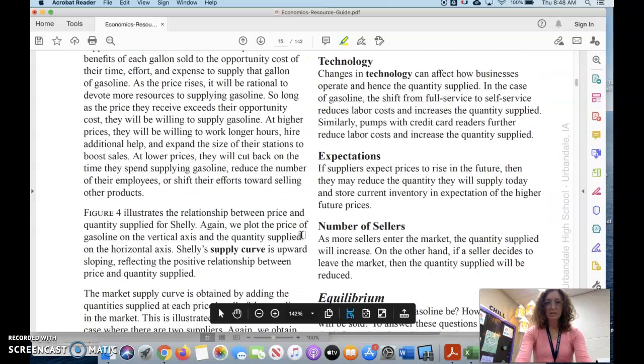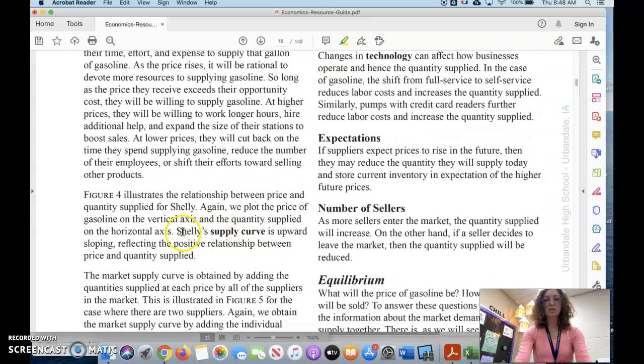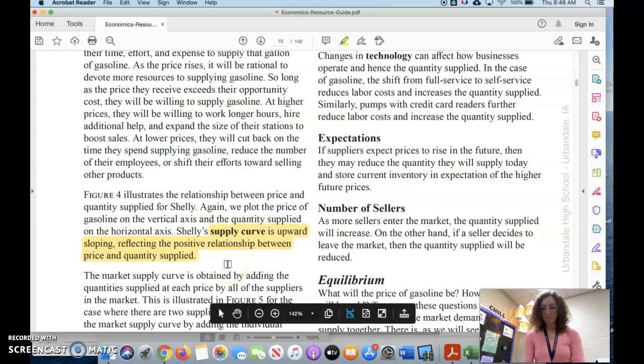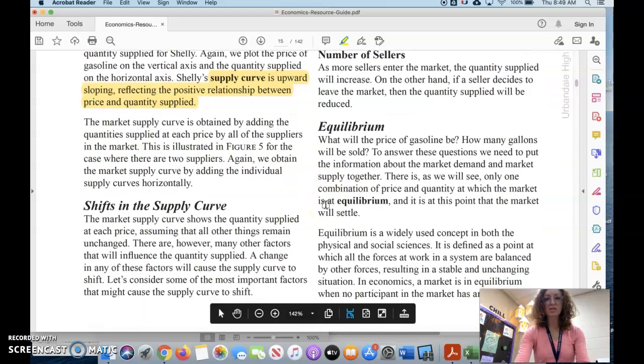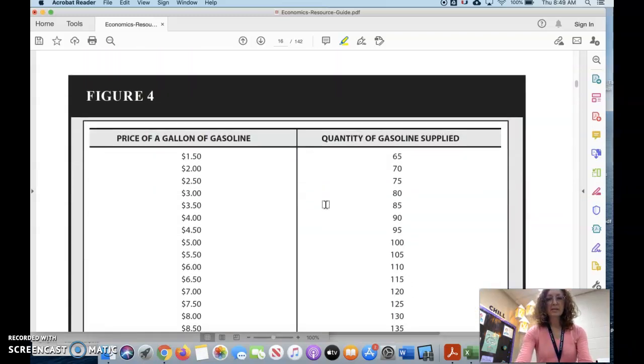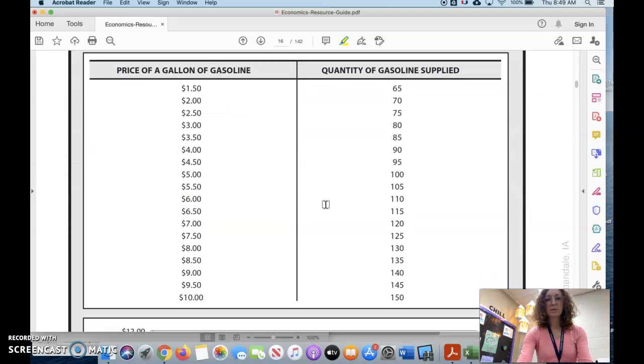The next thing I want to talk about, we talked about the demand curve and how it was downward sloping. The supply curve is upward sloping. It's the opposite. I'm going to drop down to the next page here. Similar to the fact that we had a demand schedule, this is a supply schedule.